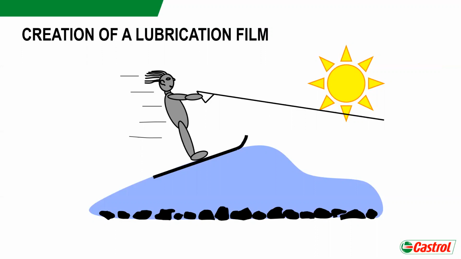He has to get the right speed to build the small hill of water under his water ski. And this is a lubrication film. When the speed decreases, this lubrication film will go down and he will sink into the water. So no more fun for water skiers.